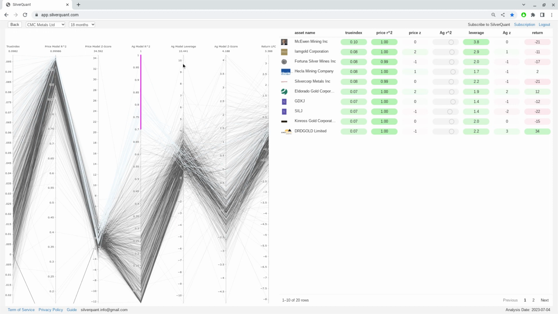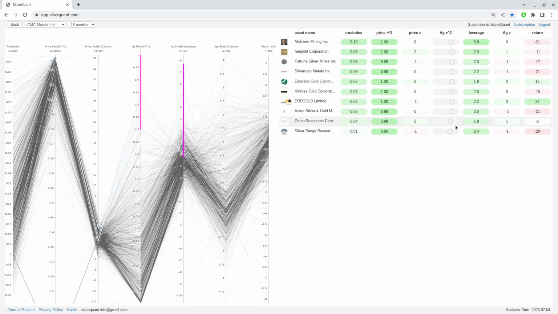And now we're interested in stocks with high leverage. So we're going to drag a region here until we grab some more stocks. Okay, so what we've done is we've filtered down stocks that have intersected the upper range of the R-squared and also the upper range of the leverage variable.